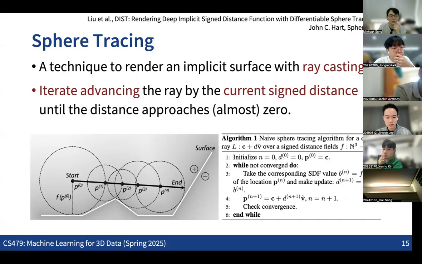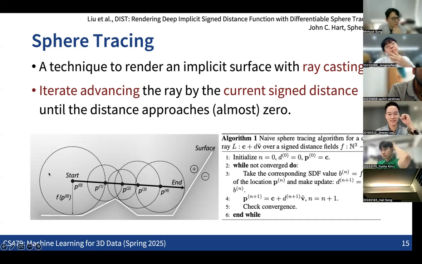This means that starting from any point that we know is outside of the 3D shape, we can query the signed distance from this point. If that point is inside the surface, there is nothing we can do. But when the point is outside of the surface, we can make a ball like this.